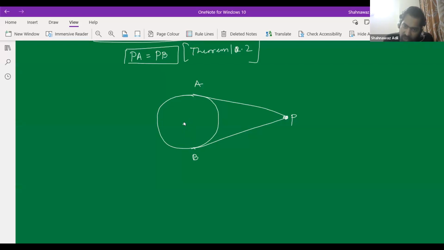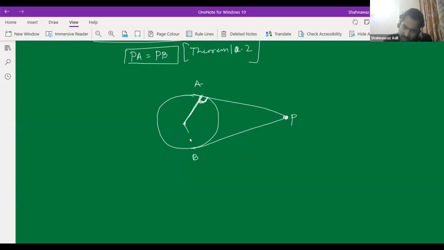If I connect this center and this point of contact A, what would be this angle? It is 90 degrees, because this is a point of contact and we are making a radius to the tangent. So this would be 90 degrees.